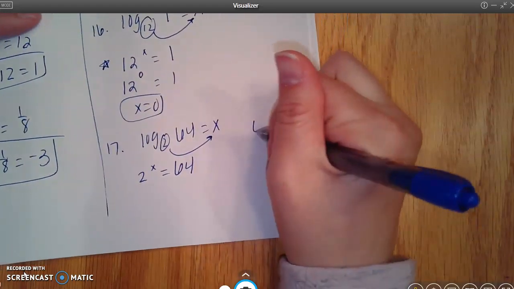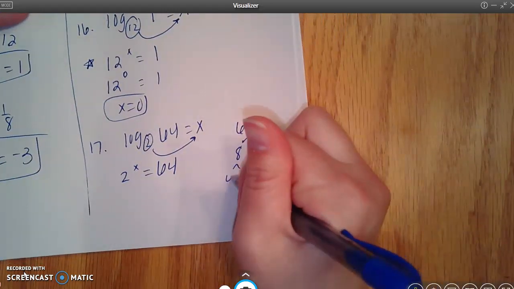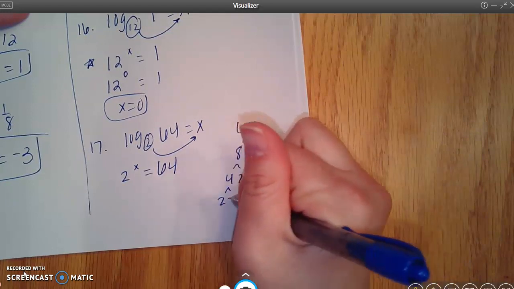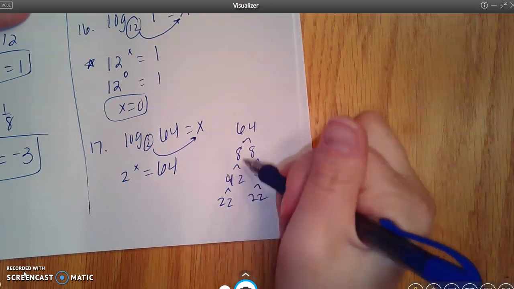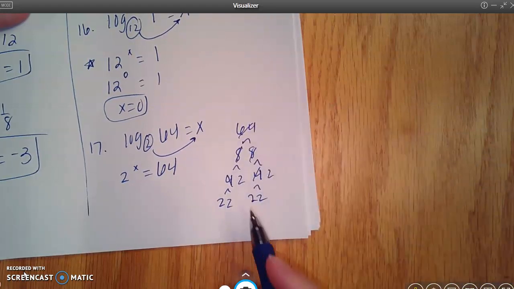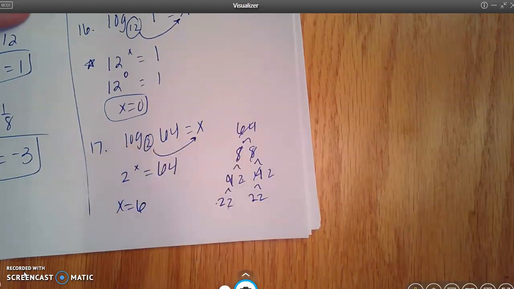You could also break down your 64. We know 64 is 8 and 8, and then 4 and 2, 2 and 2, 4 and 2, 2 and 2. You could count how many 2's there are. We have 1, 2, 3, 4, 5, 6, and that's how I know x would have to be equal to 6. Or you could go through and guess and check with your calculator.